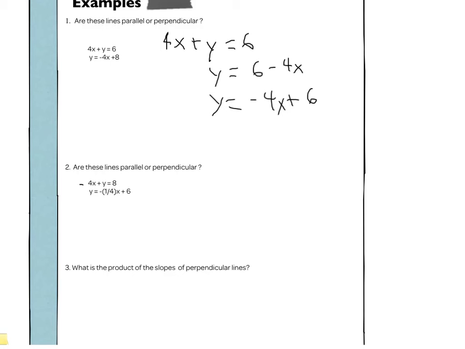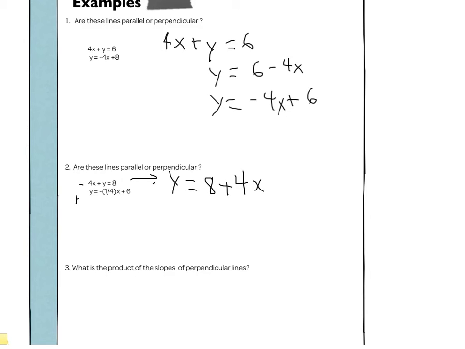So, are these lines parallel or perpendicular? We have -4x plus y equals 8. I know the little negative is hard to see, but it's -4x. And y equals -1/4 x plus 6. Again, one of my lines is not written in the form y equals mx plus b, so I solve for it algebraically. Since I have -4x plus y equals 8, I'm going to add 4x to both sides to cancel it out.